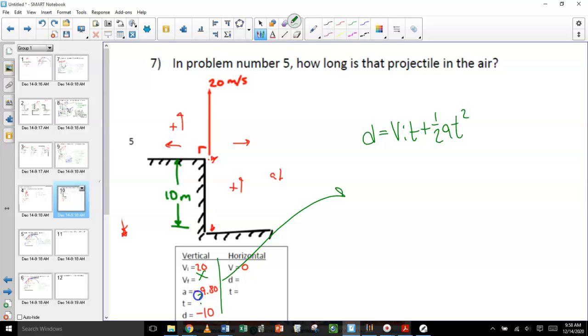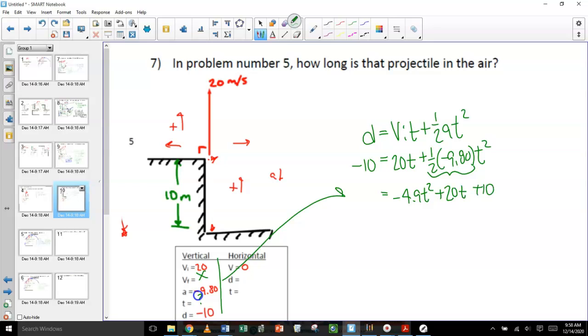I'm feeling it is. Displacement, negative 10. Initial velocity, 20, t plus 1/2, negative 9.8. Oh, son of a gun. So I'm going to combine these: negative 4.9 t squared plus 20t plus 10.